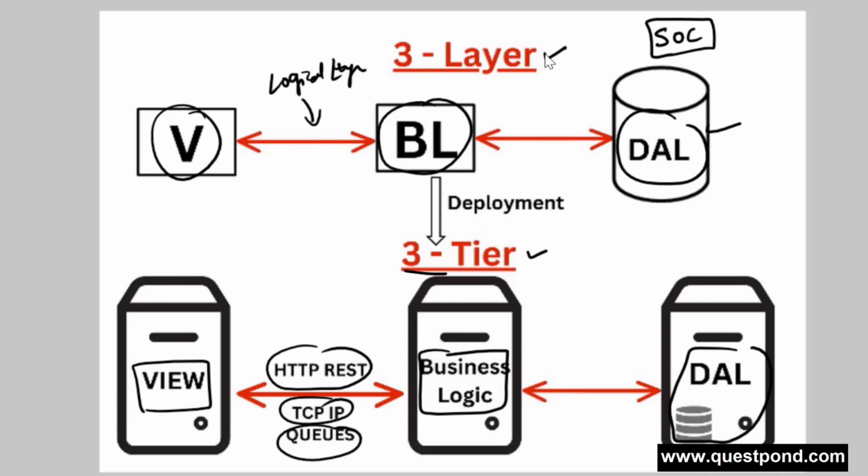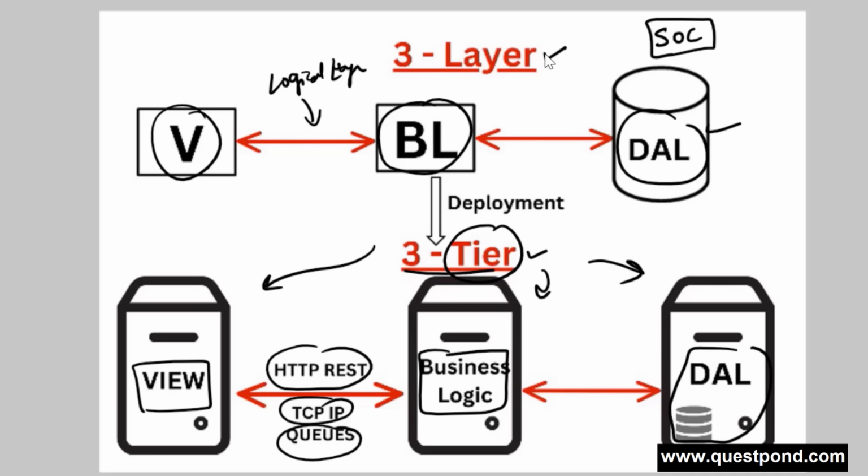So when you say 3-tier, it is about how these layers get deployed into the infrastructure. Will they get deployed onto the same computer, or onto different computers? If they are deployed onto different computers, then you talk about tier, right?